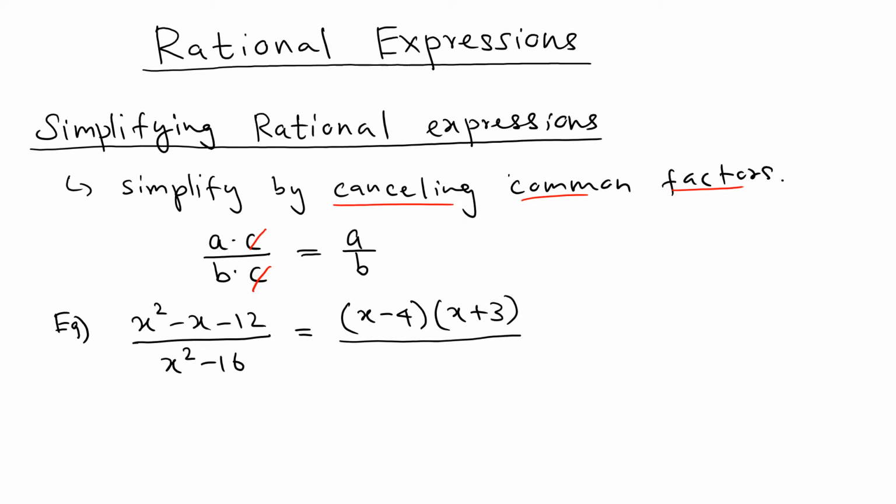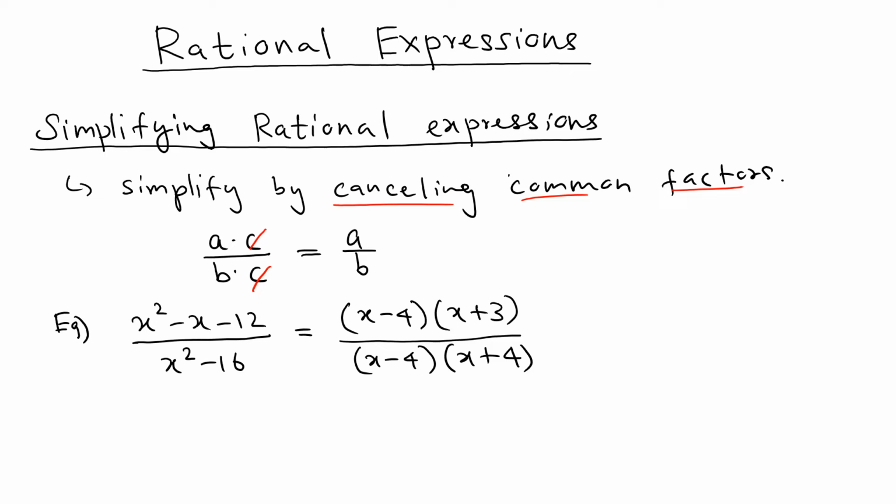And for the bottom there's a difference of squares formula because 16 is 4 squared. So you can write this one as x minus 4 and x plus 4. If you are not familiar with how to find factors, please look at the video about factoring polynomials, and you can find the link in the description.